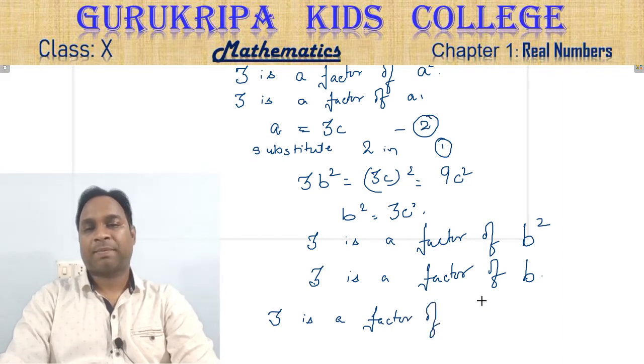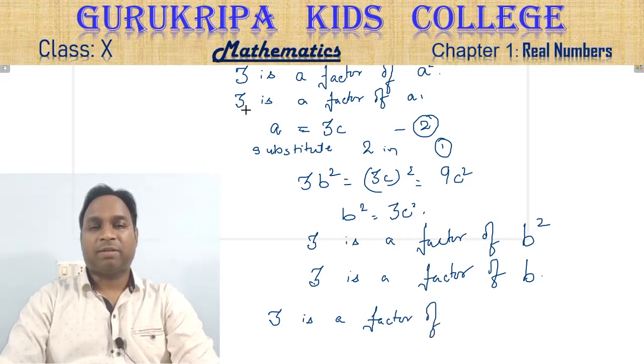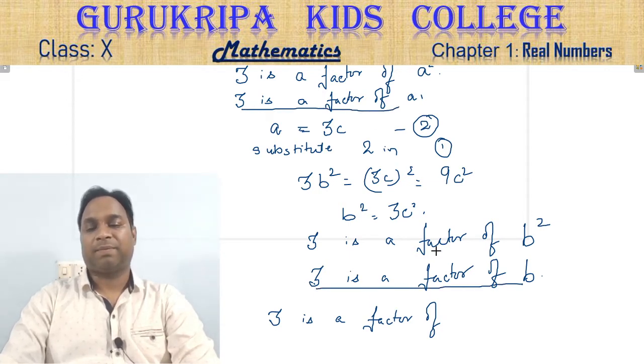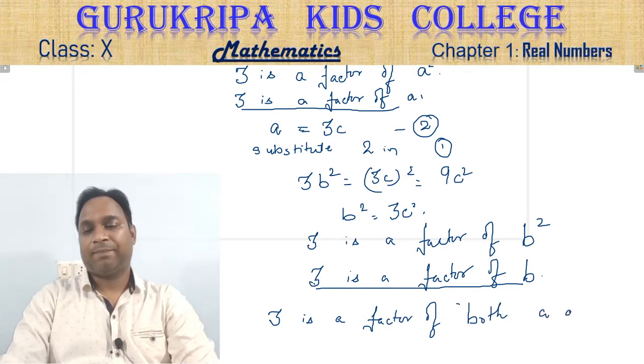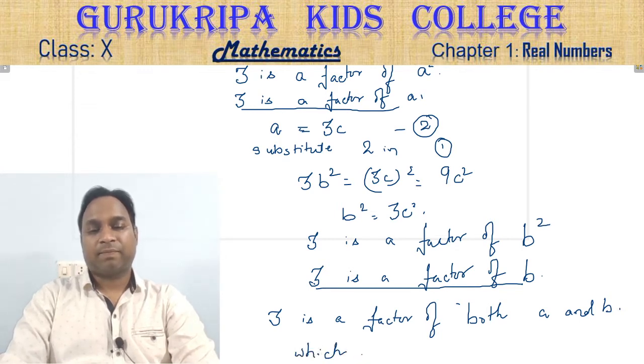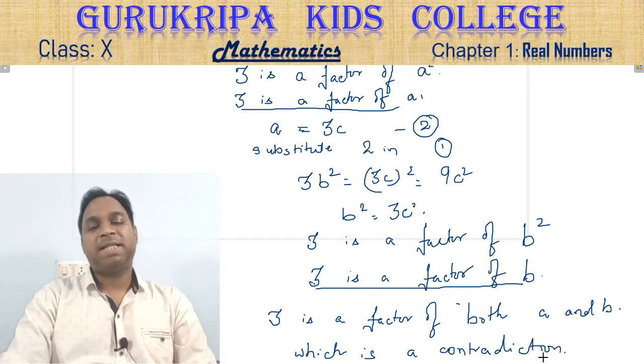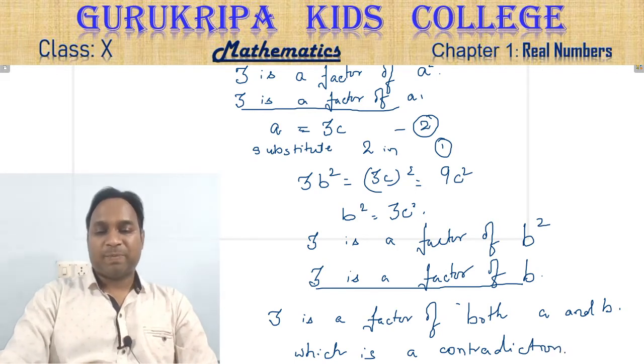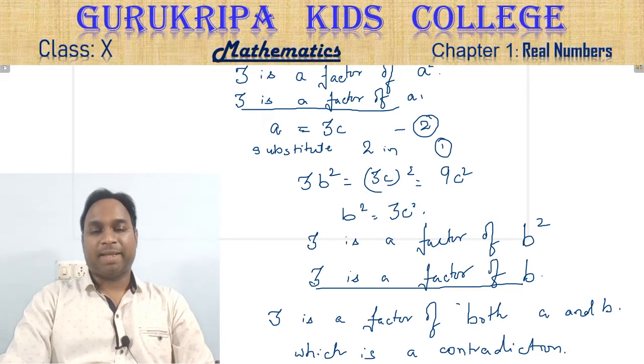See, 3 is a factor of a came here, 3 is a factor of b came here. So 3 is a factor of both a and b, which is a contradiction. This is a contradiction. Hence our assumption is wrong, which means square root 3 is irrational.